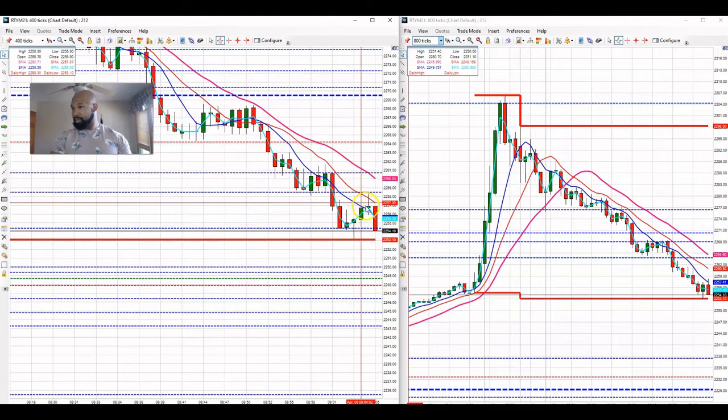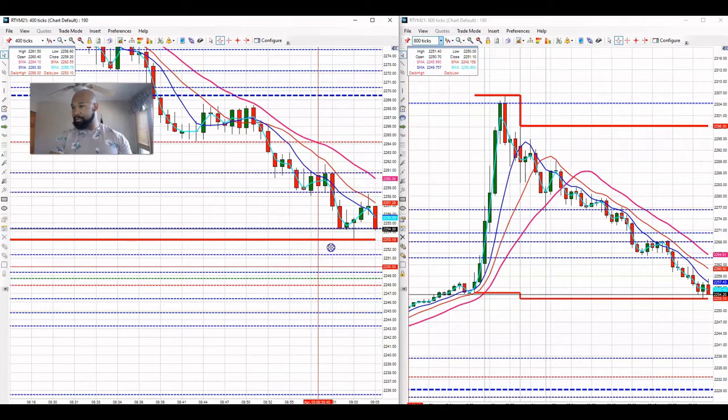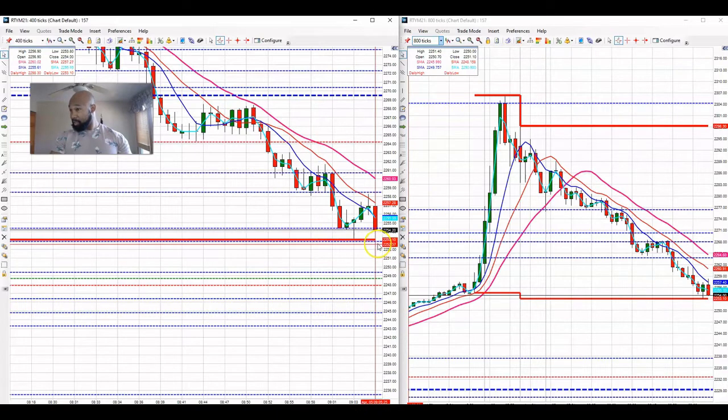Okay, right now we got a significant movement down. Let's see if it will cross the previous low. If it does, I will most likely get into that trade. That's a significant movement down.